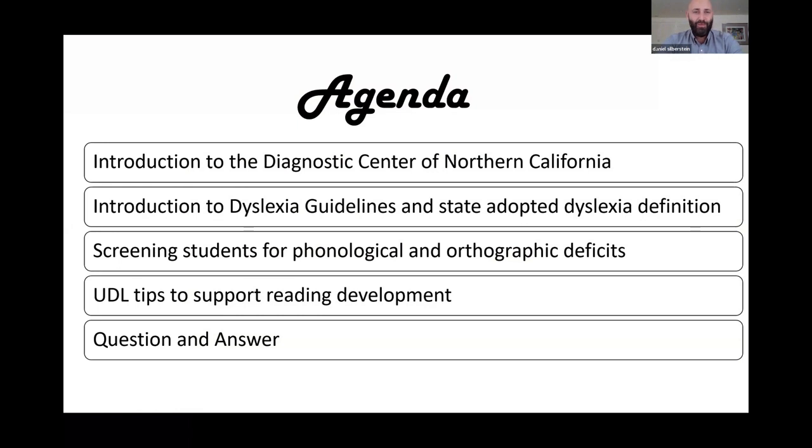And then I'm going to talk about how we can use UDL strategies to support all learners in our classrooms, no matter their reading skills, whether they meet the criteria of being at risk for dyslexia or the formalized criteria for a dyslexic profile and a specific learning disability. And if there's time at the end, I can answer questions.